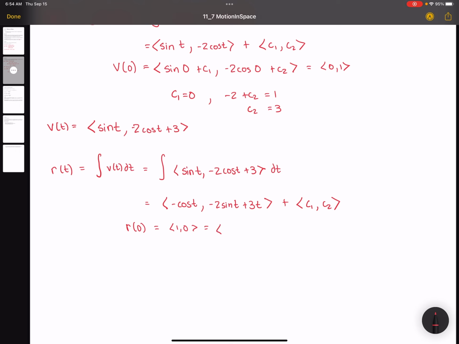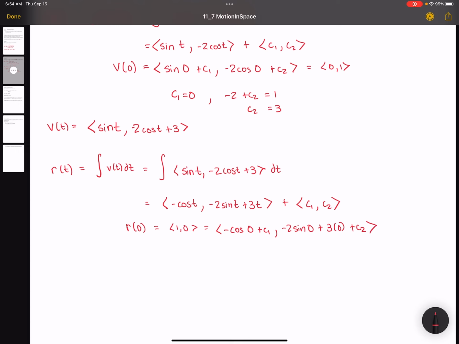So that's going to be negative cosine 0 plus c1, and negative 2 sine 0 plus 3 times 0 plus c2.